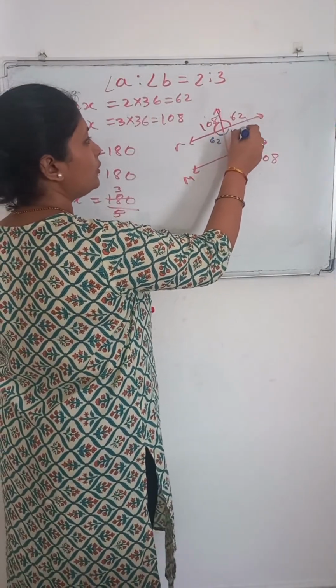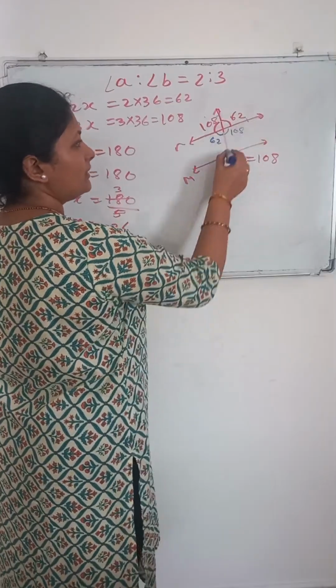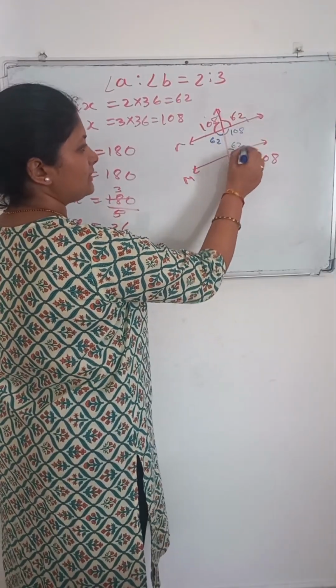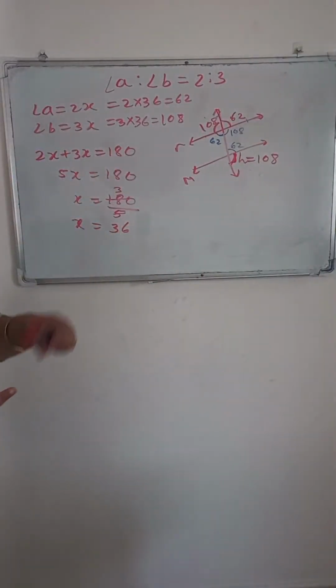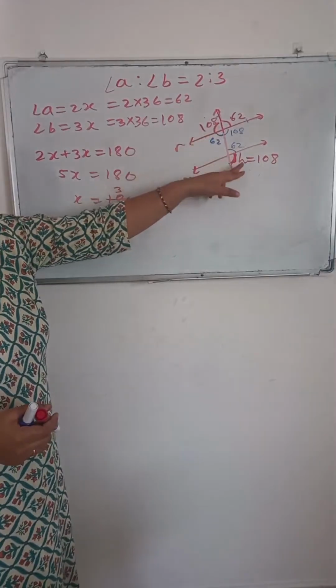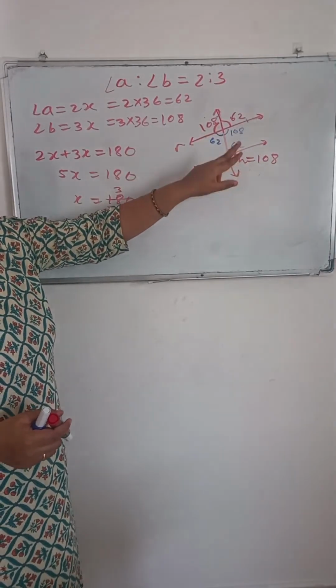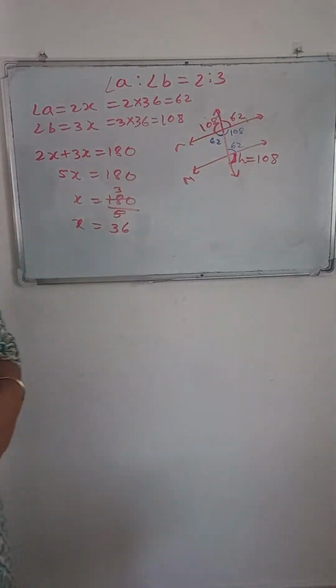This is 108. This is also 108. Co-interior angle is there, that is 72, then remaining 108 only, no? So in one step only we got 108, and H are alternate exterior angles. So we will get H is equal to 108. So according to your worksheet, 108, option D is the correct option.